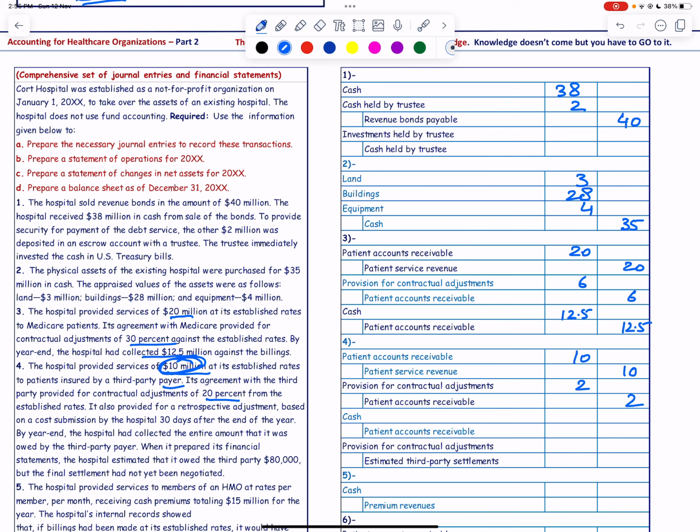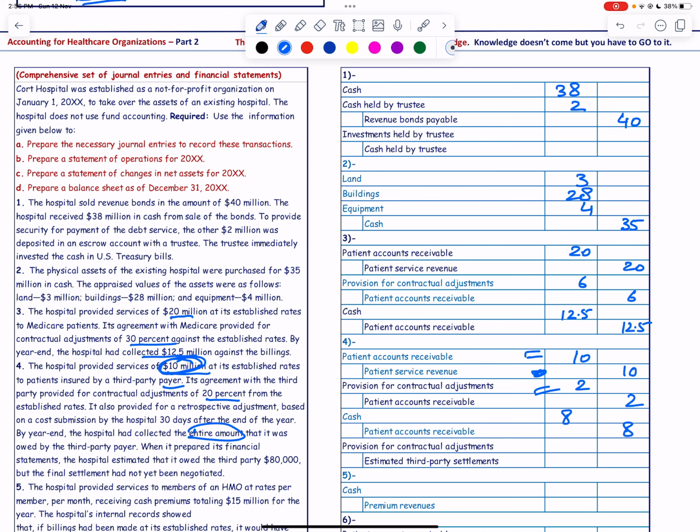It also provided for a retrospective adjustment based on a cost submission by the hospital 30 days after the end of the year. Okay, by the year end, the hospital has collected the entire amount. So you can see that the amount was 10 million. We have a provision of 2. So that means they have received 8 million cash, and patient accounts receivable is credited by 8 million.